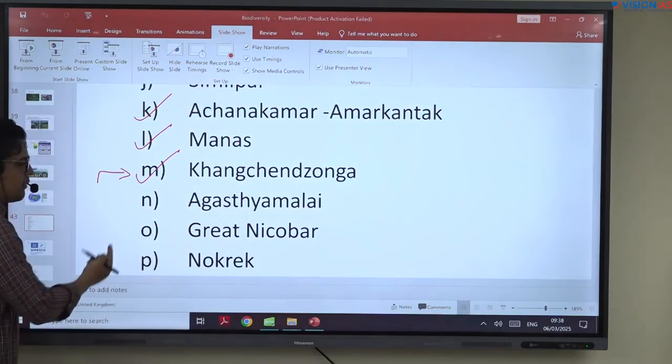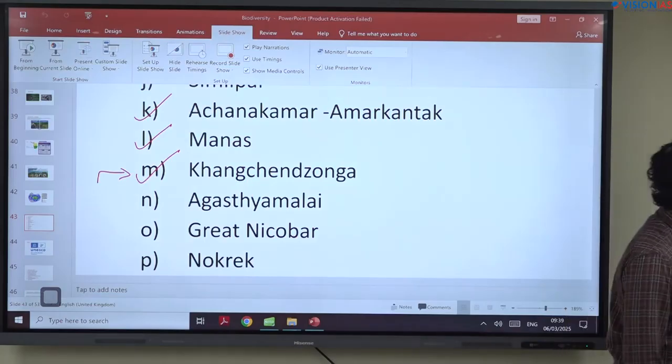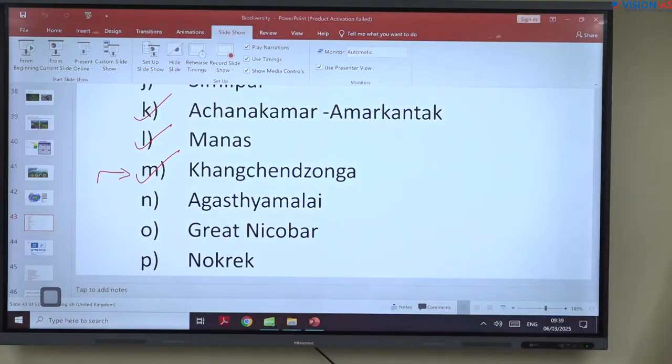Next is Agasthyamala Biosphere Reserve. Kerala and Tamil Nadu. Part of Western Ghats.